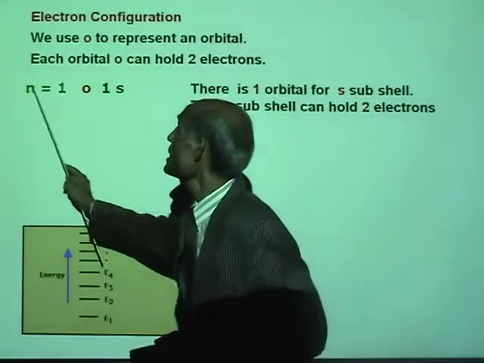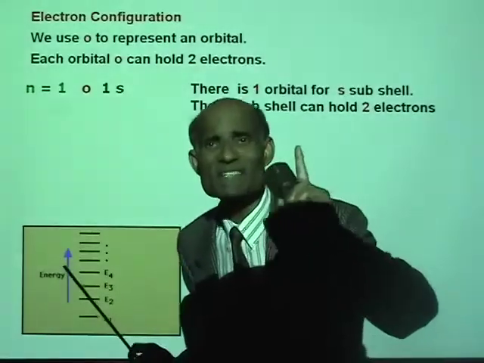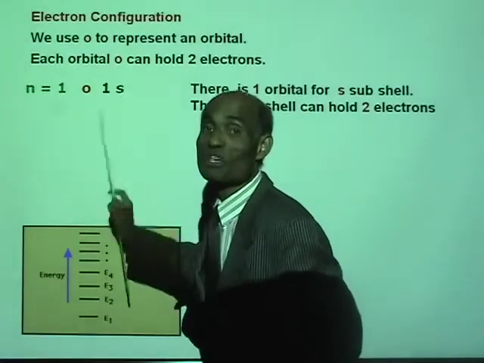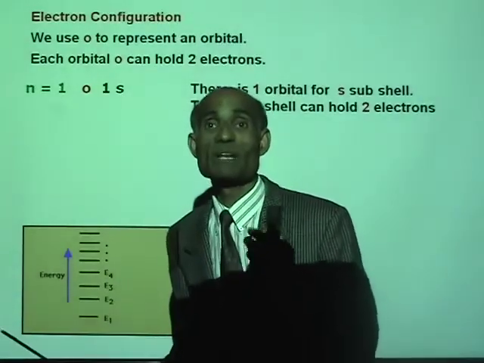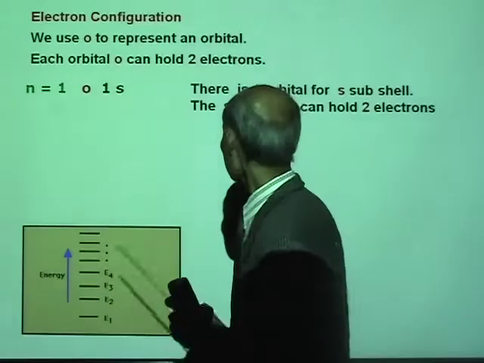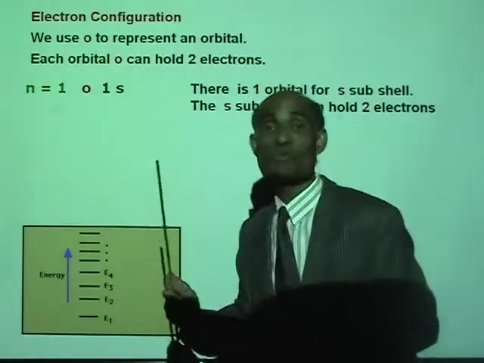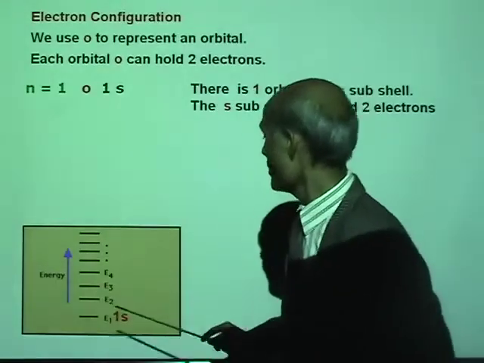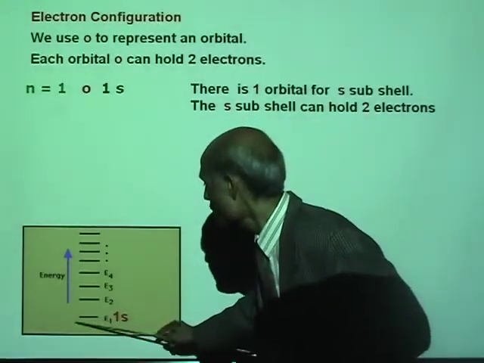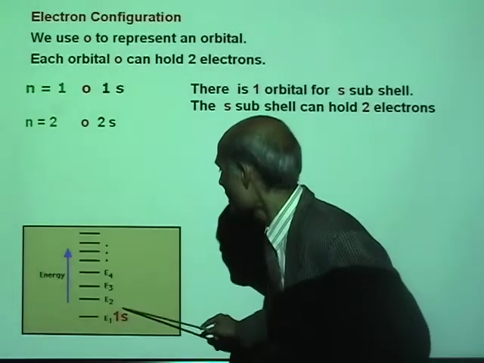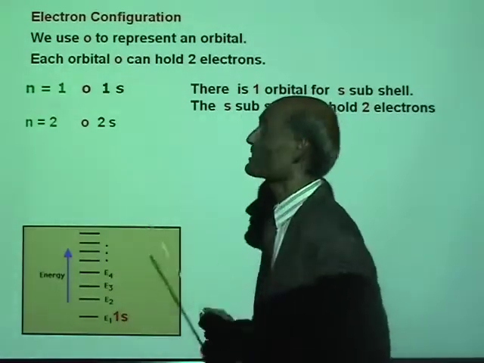You see, n equal to 1 has only 1 subshell, and that is the S subshell. And this S subshell has 1 orbital, and that orbital can hold 2 electrons. There you are. Energy level E1 has 1 subshell, and that can hold 2 electrons.